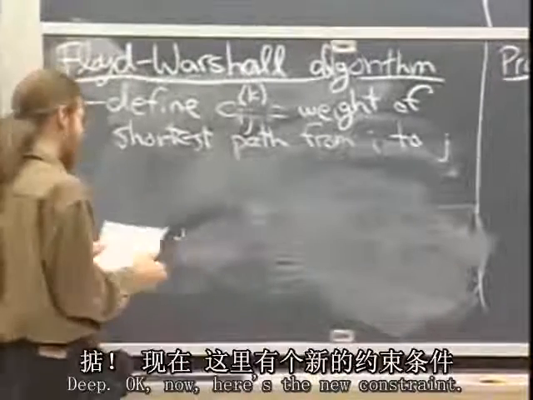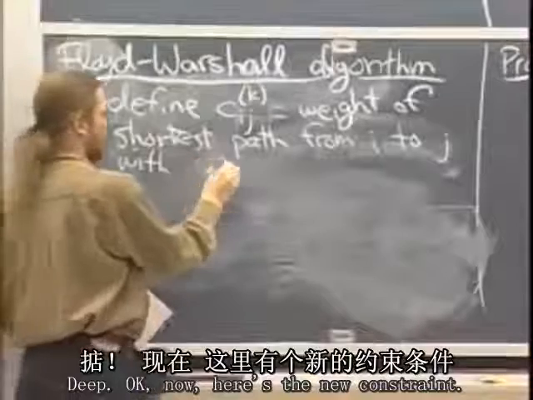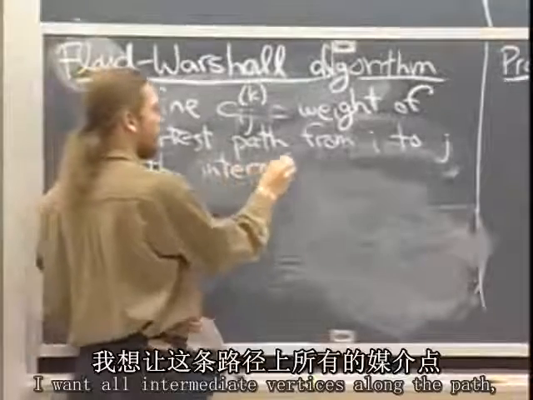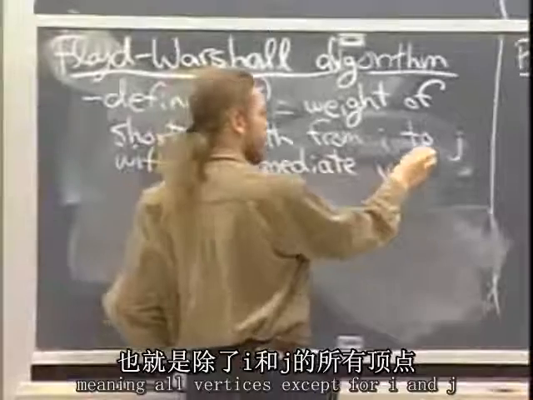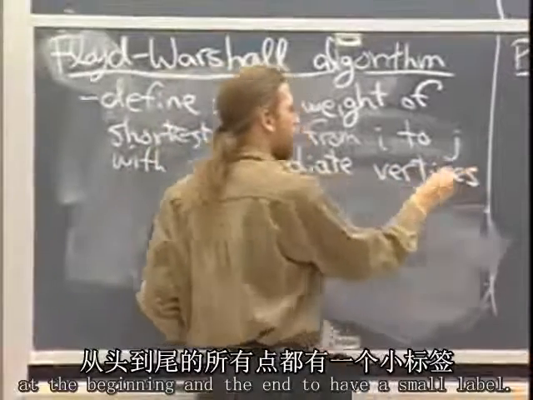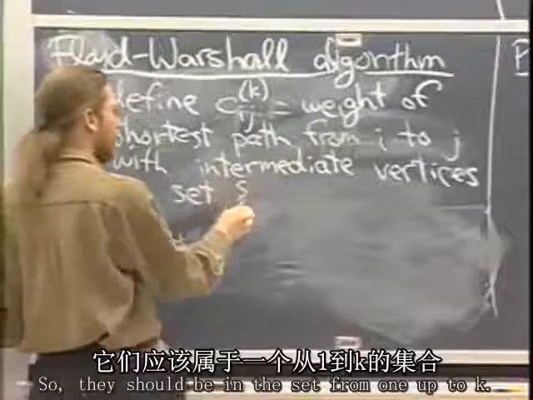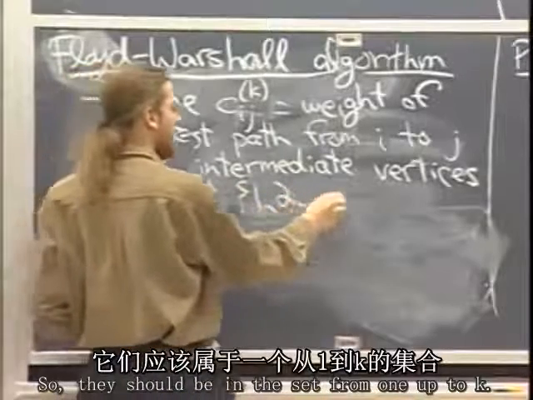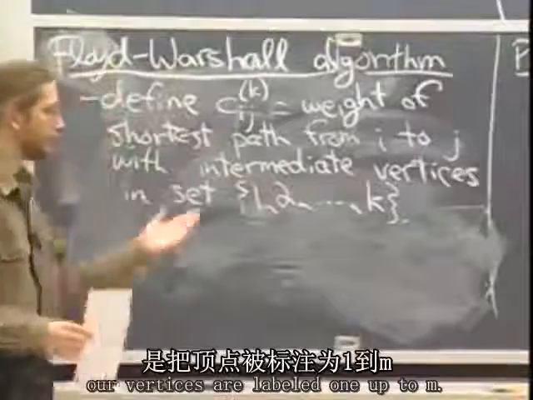Ooh, deep. Okay, now here's the new constraint. I want all intermediate vertices along the path, meaning all vertices except for i and j at the beginning and the end, to have small label. So they should be in the set from 1 up to k. And this is where we're really using that our vertices are labeled 1 up to n.